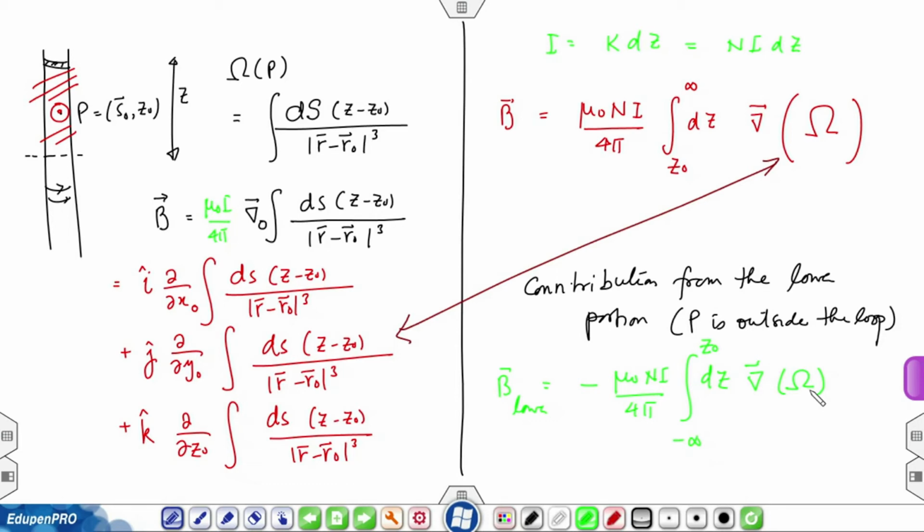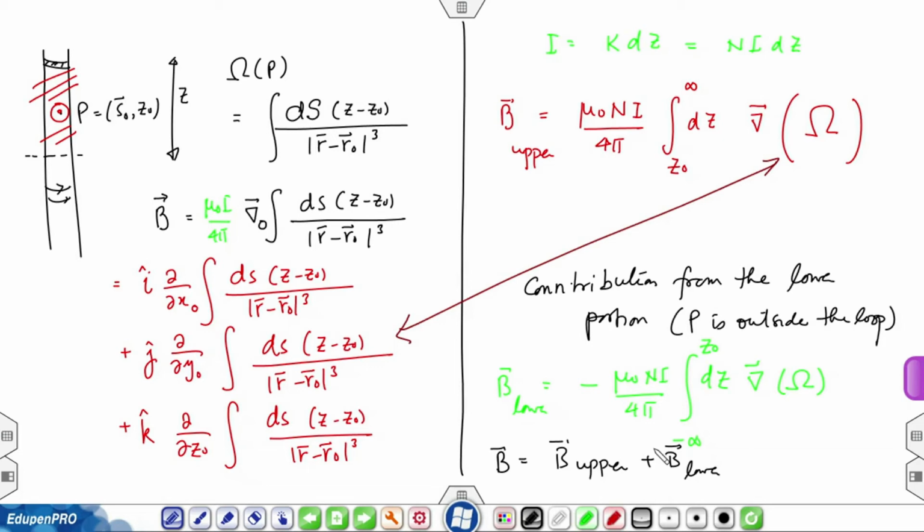And then let me write this up: net B, B total, is going to be equal to B upper plus B lower. So, now we have all the ingredients that we need to calculate the field.